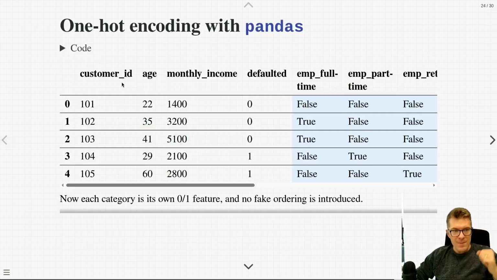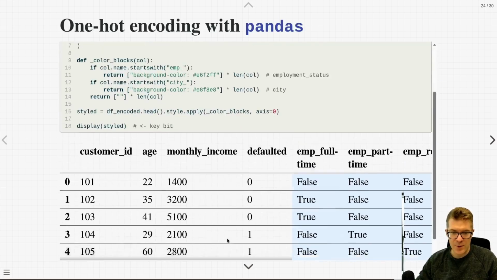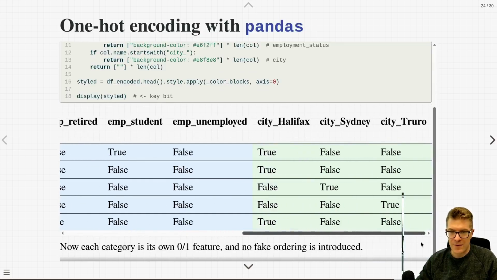So what that code gives us is it converts employment status to like emp, and then the label full-time, part-time, whatever. It takes everything under city, and it prepends the word city in front of it, and then its value.